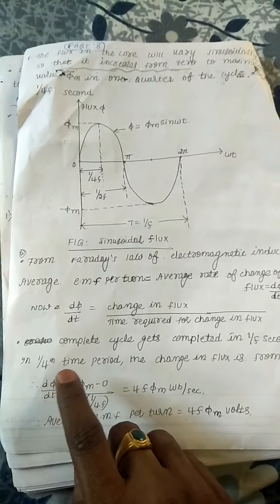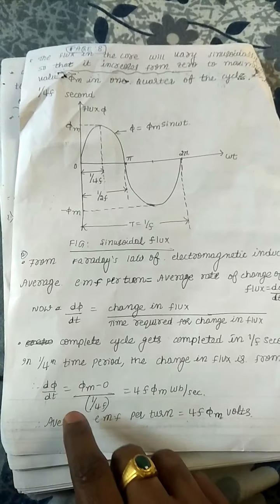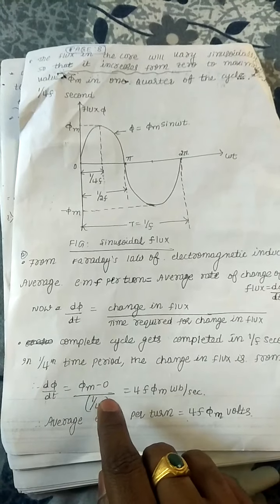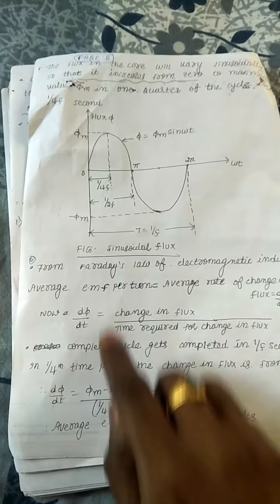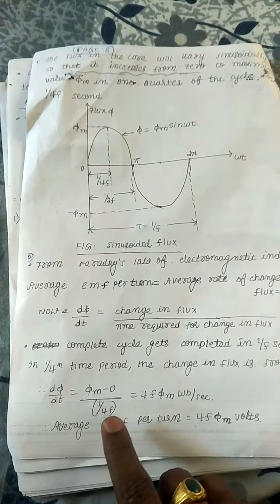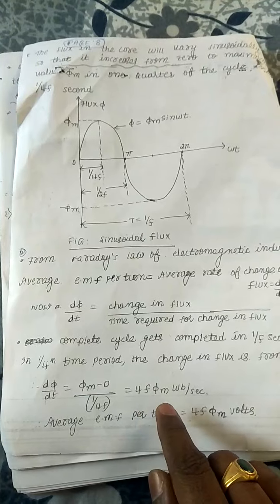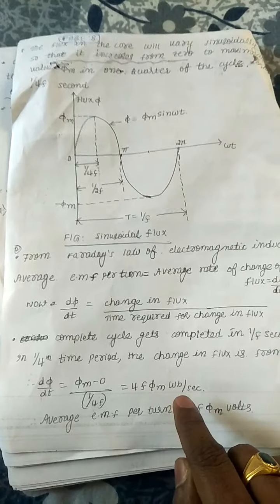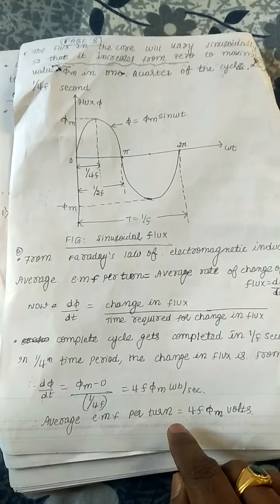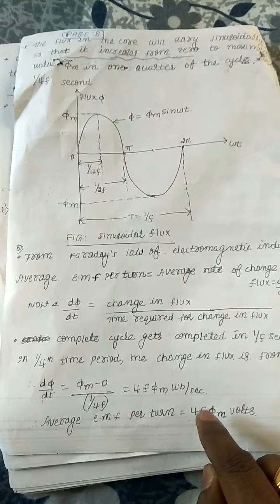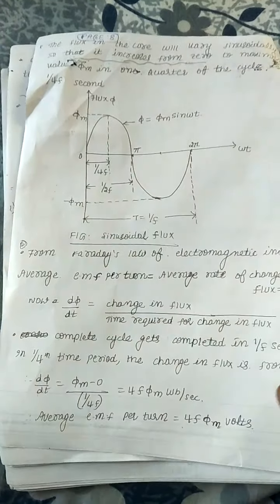The change in flux over the time period 1 by 4f is given by phi m minus 0 divided by 1 by 4f, which gives rise to 4f phi m Weber per second. Average EMF per turn is given by 4f phi m volts.